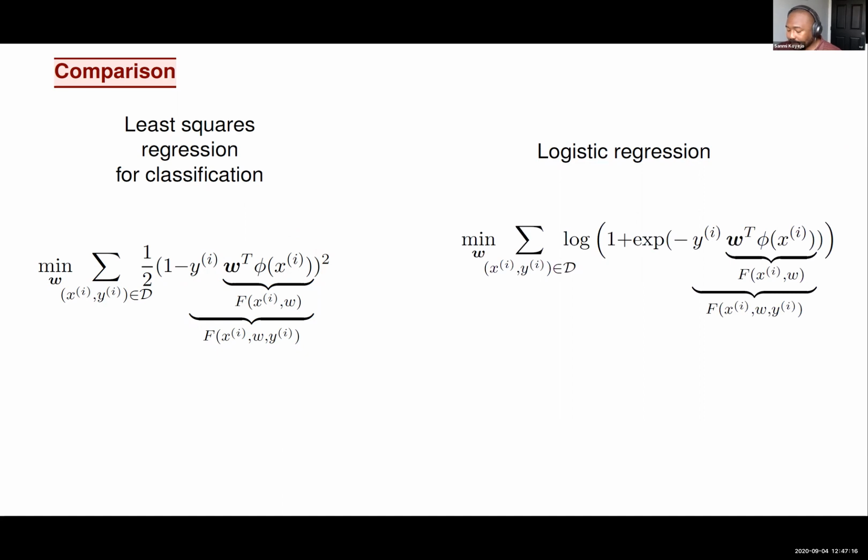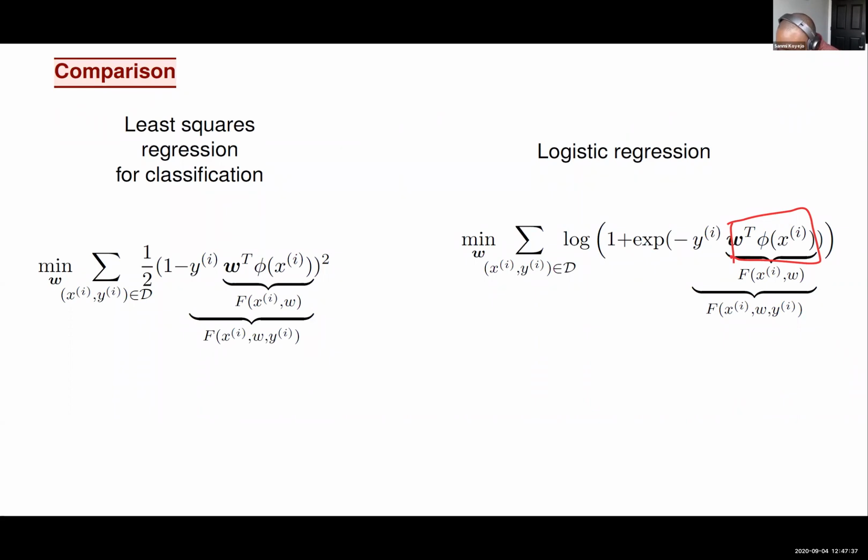If I write down the loss for logistic regression, you can hopefully easily identify the same components. Once again, I have our prediction multiplied by the label. Now instead of a squared term, we have this log and exponential as our definition of the loss function.